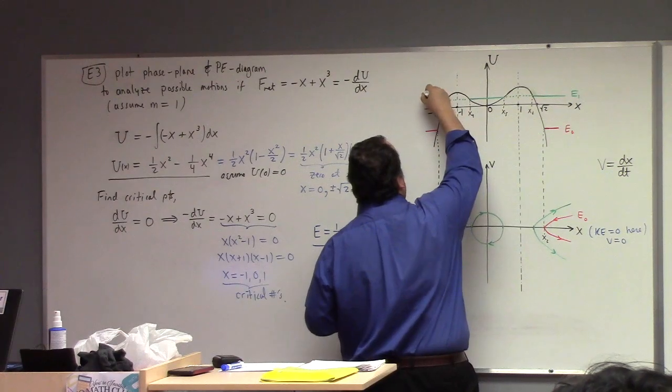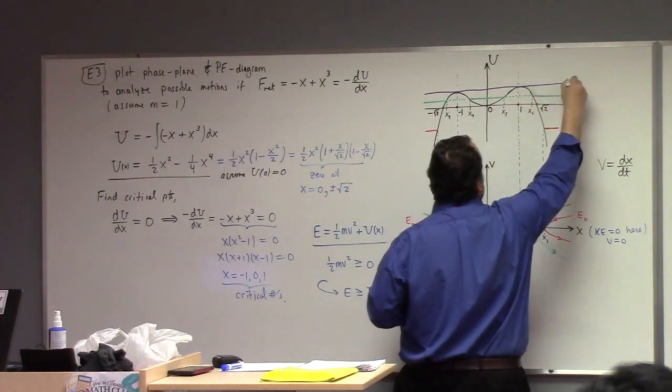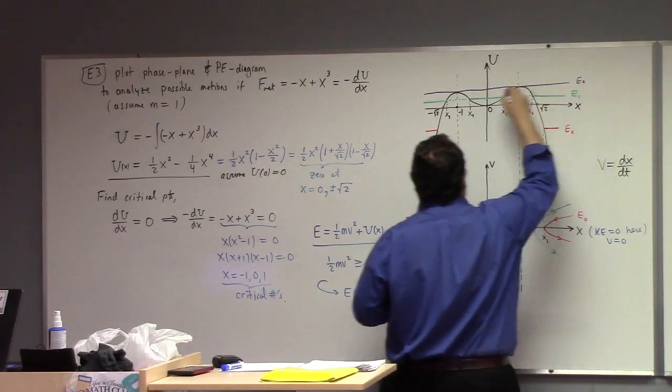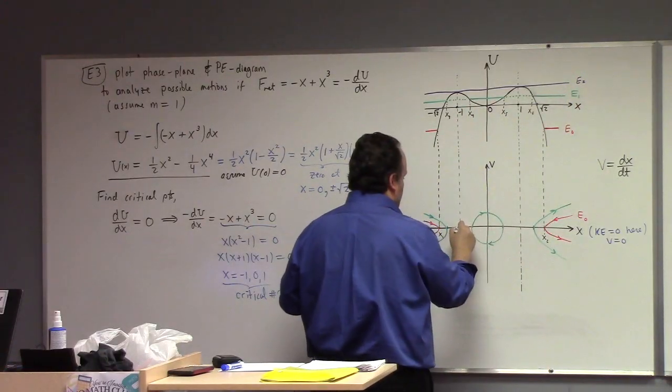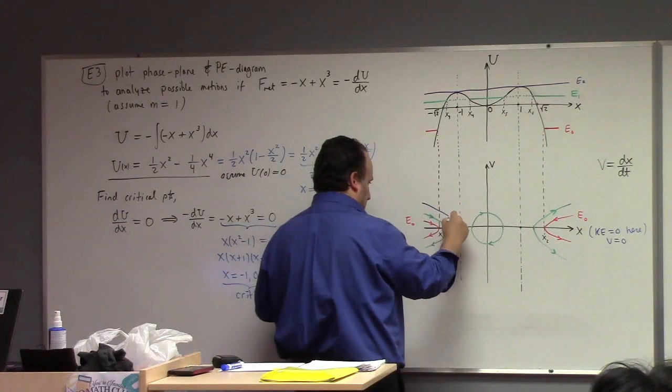Let's do another energy level. I'll try to do the one that hits right through the, like that, E2. All right? So the deal with that is it passes through these kind of funny points, so it does something like this.